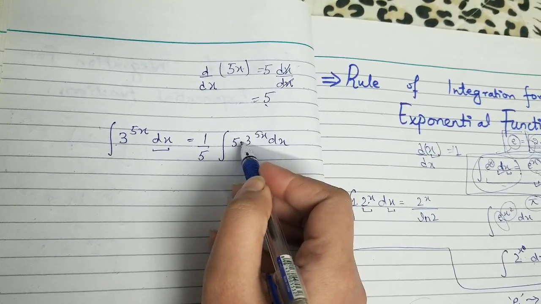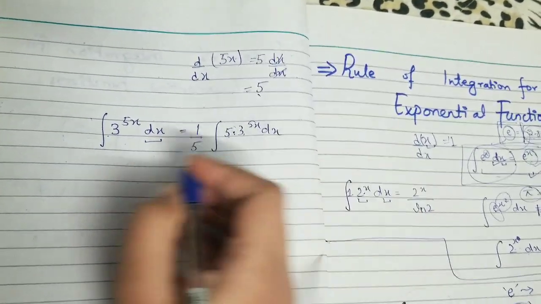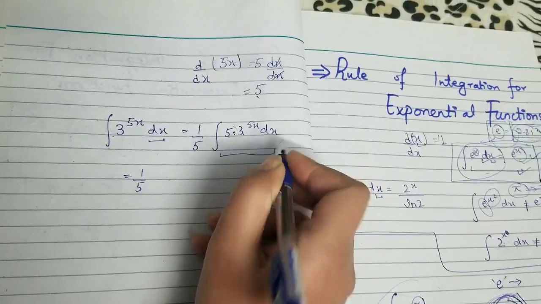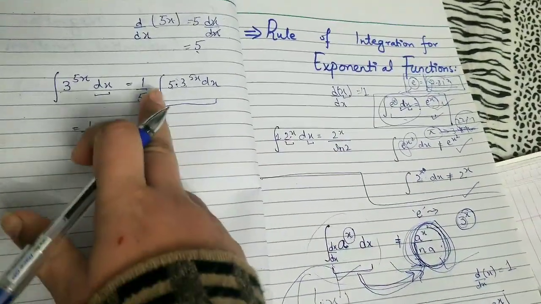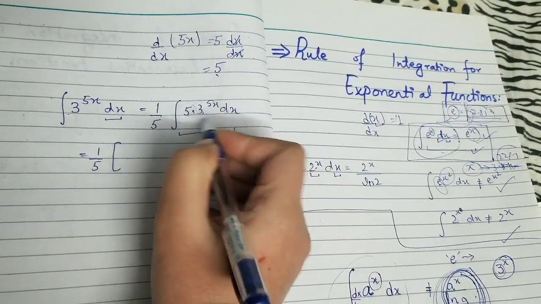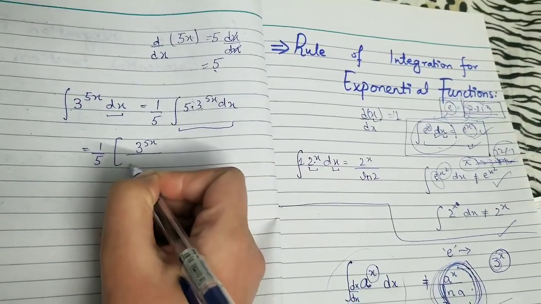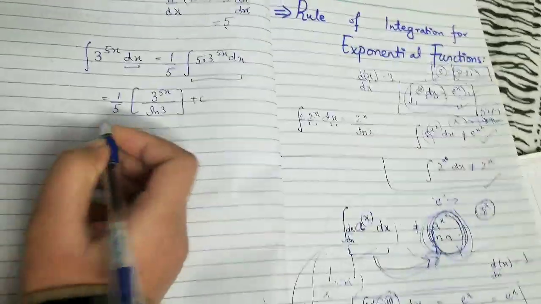So a constant number can be divided or multiplied, and that is what we have done here. Now the derivative of the power appears beside the exponential function, and we can simply write the integration of this exponential function based on this rule. The 1 over 5 is outside of the integral, so it remains unchanged, and this whole thing equals the exponential function itself divided by the natural log of the base, which is 3, plus c, a constant.